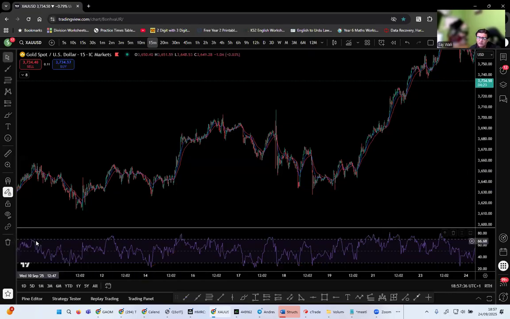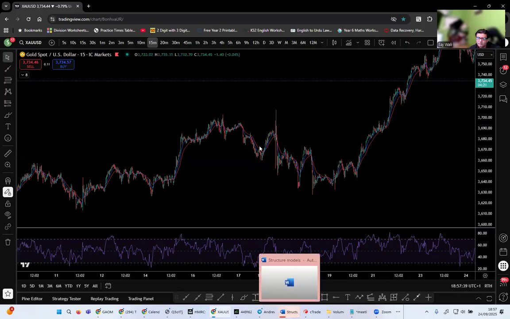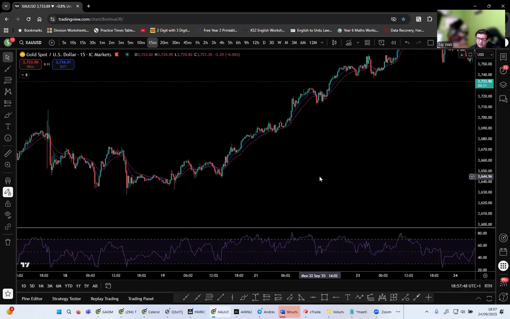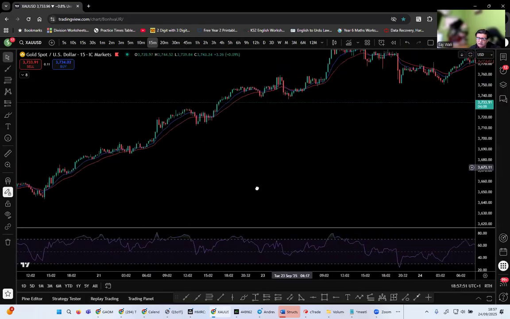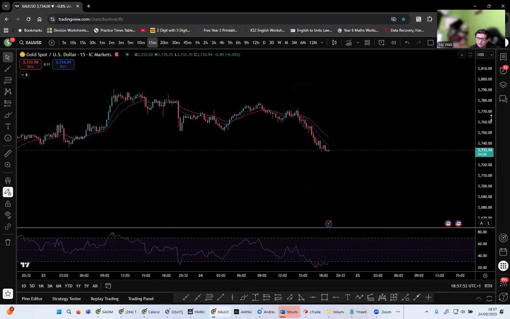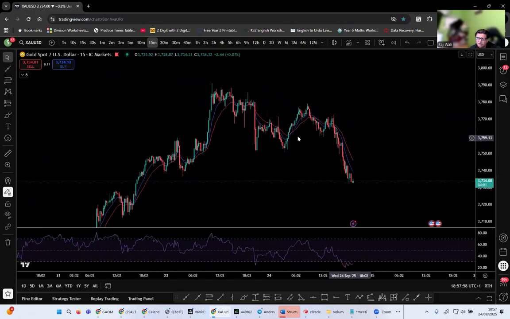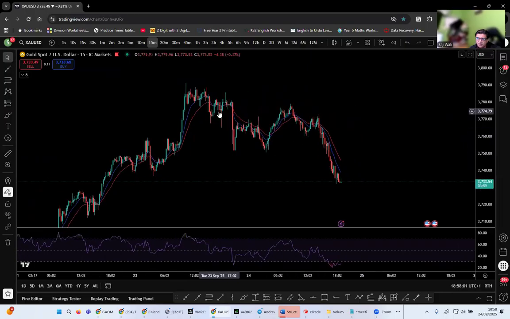So there's a lot of examples. Now the second example would be the hidden divergence. Hidden divergence is used between 30 and 70, and that's in the direction of trend. Sorry, regular divergence is in the opposite direction of the trend, for reversals.